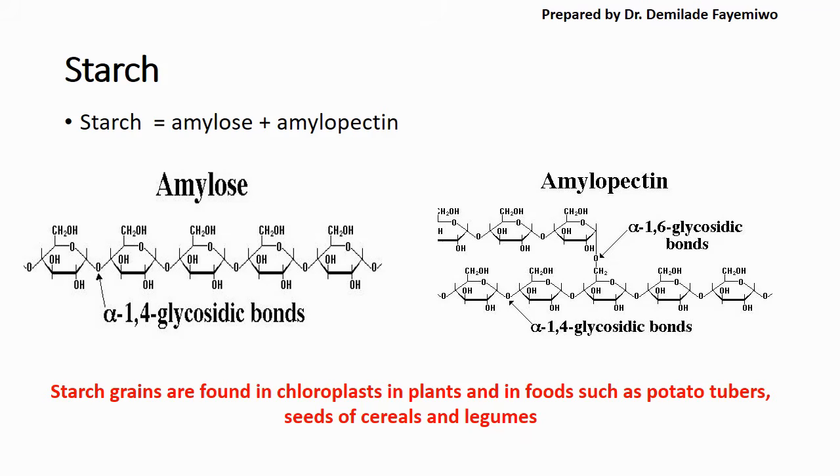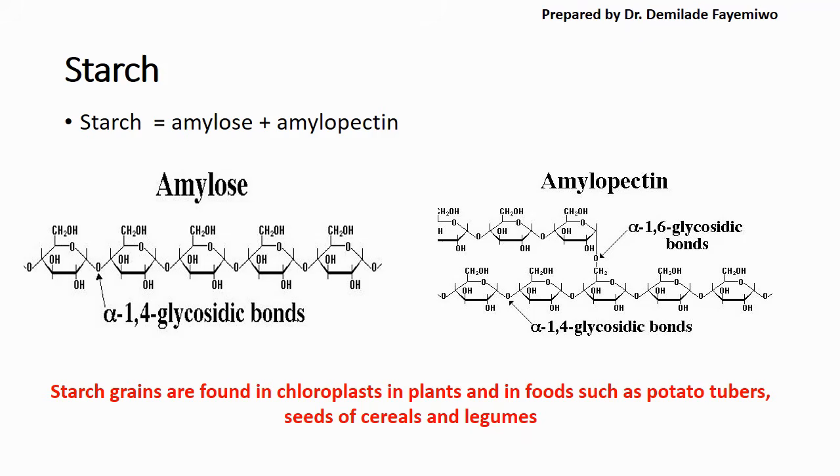So alpha 1,6 glycosidic bonds indicate that the bond is formed between carbon number 1 and carbon number 6 of another glucose molecule, and again they are made from alpha glucose subunits. I will encourage you again to pause the video, have a look at it, and count the carbons in order to be sure that this is so.